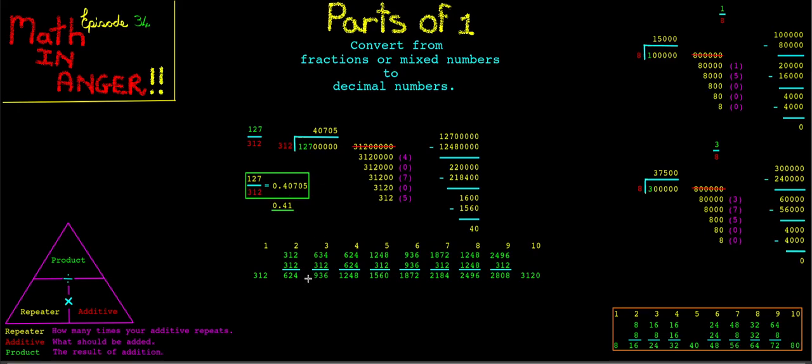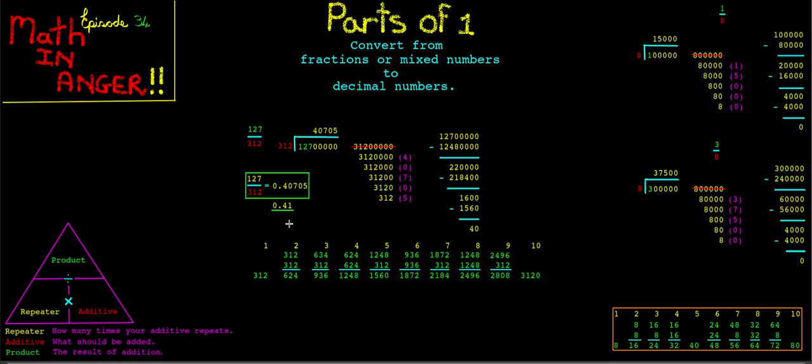If you've been following along on these episodes, you will immediately know exactly what's going on here, because I calculated the times table for 312. I wrote down the product with 5 zeros, put my additive down, and did the long division. And there is my decimal representation for that fraction.